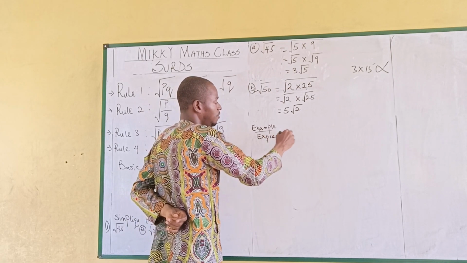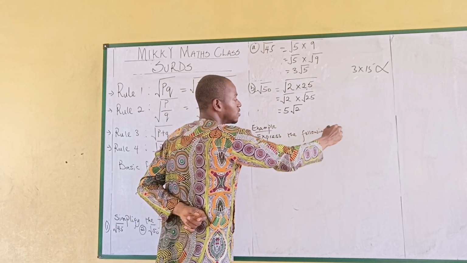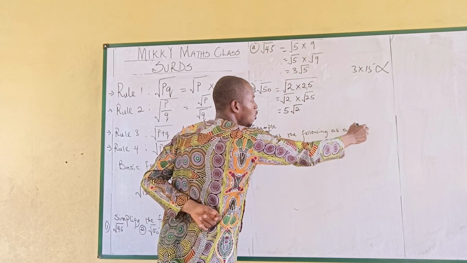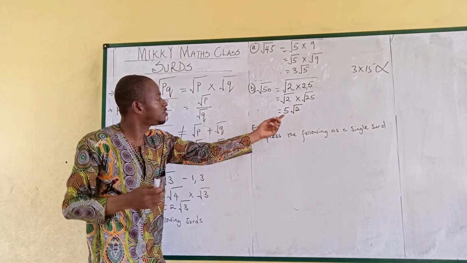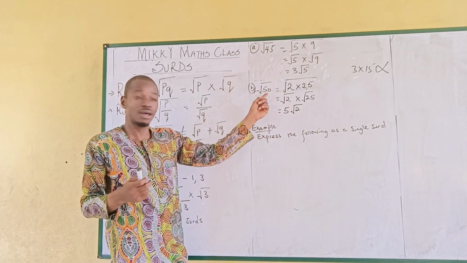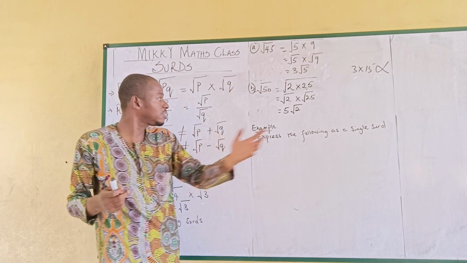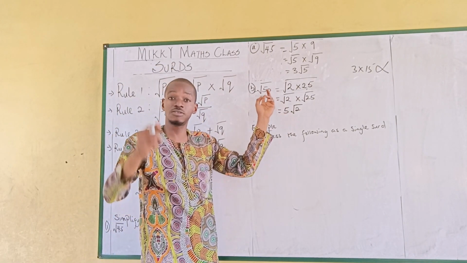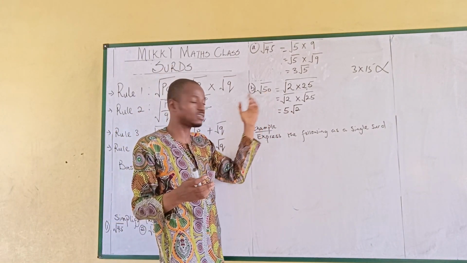Express the following as a single surd. That means this 5 root 2, put it as a single surd. Root 50 is a single surd. Are we following? Root 50 is a single surd. So I can be asked to put it as a single surd.